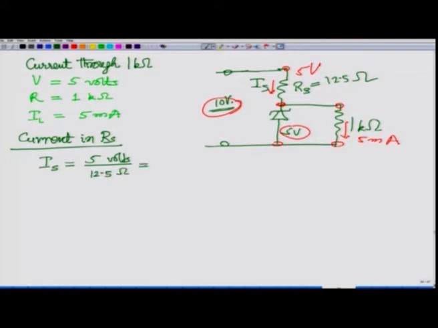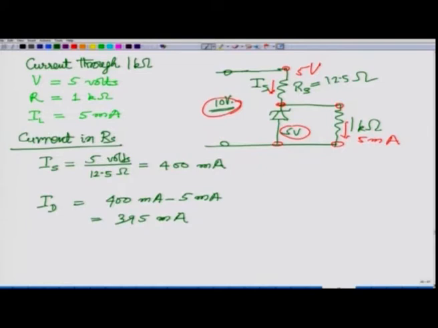So, how much is this? This is 400 milliamperes. So, now you can calculate how much is the current through the diode. The current through the diode will be this 400 milliampere minus 5 milliampere, and that will be 395 milliampere.